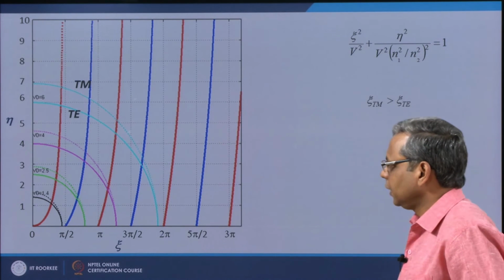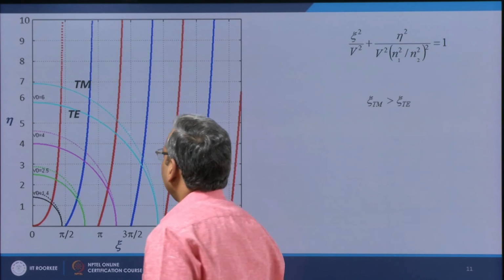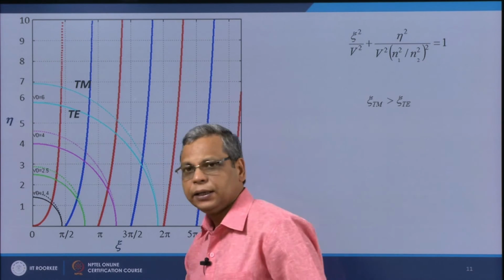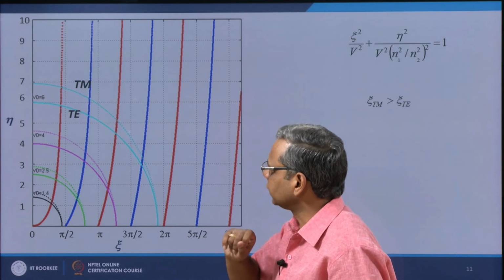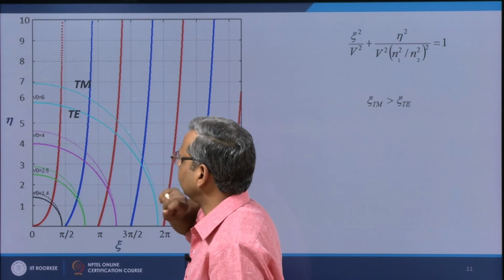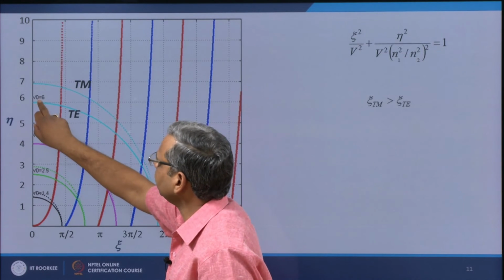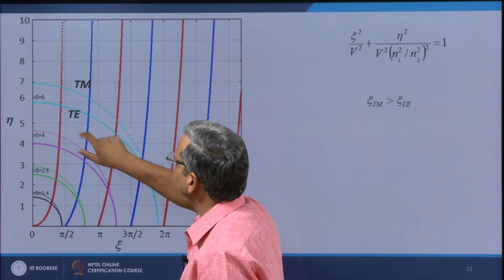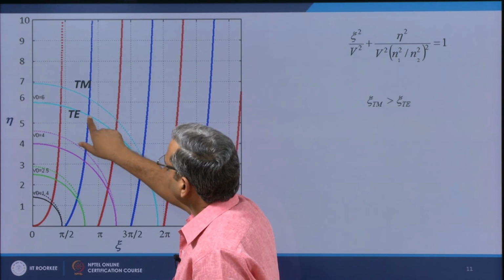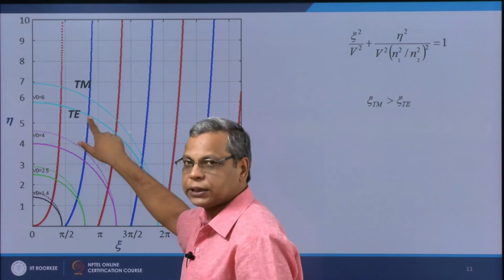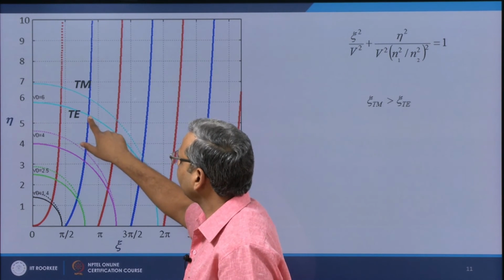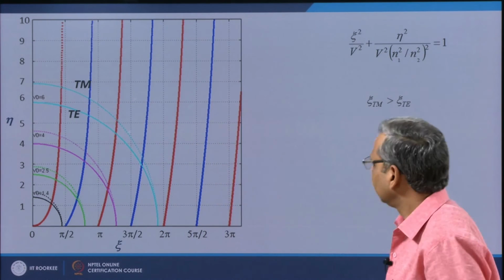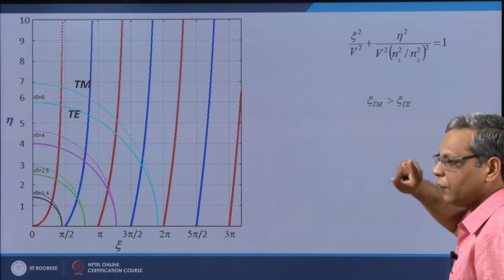What I see here, if I take a particular value of V and see the points of intersection of these TE and TM modes, for example, for V is equal to 6, the point of intersection corresponding to TE mode is somewhere here, and for TM mode it is at a slightly larger value of xi.